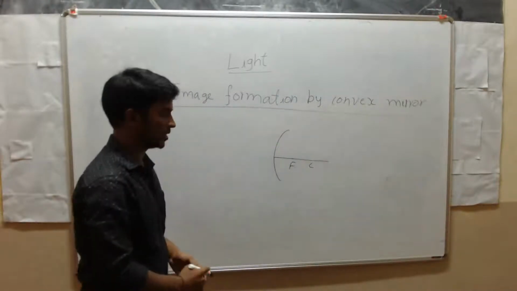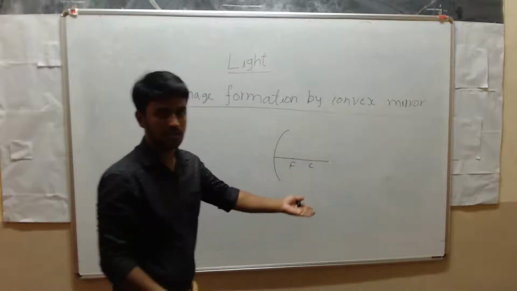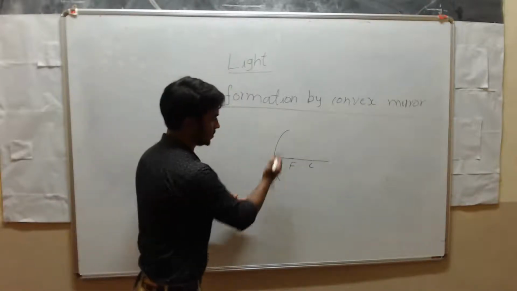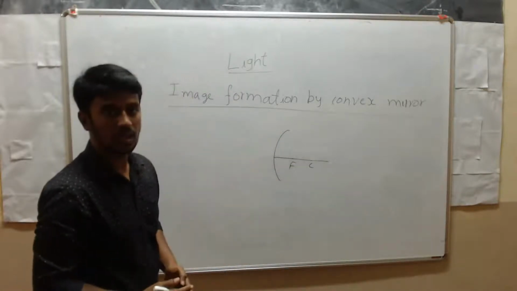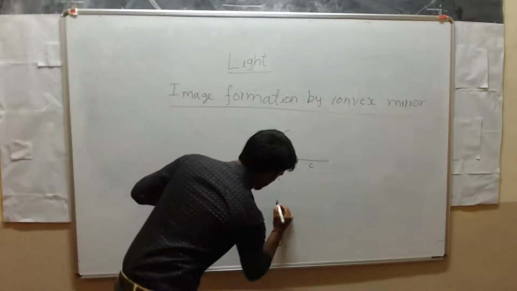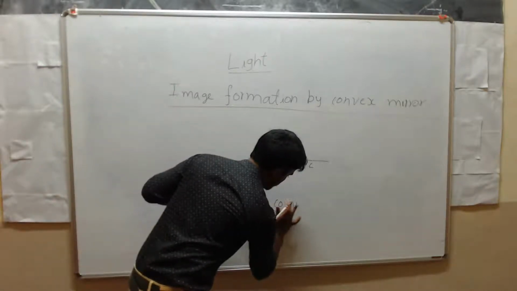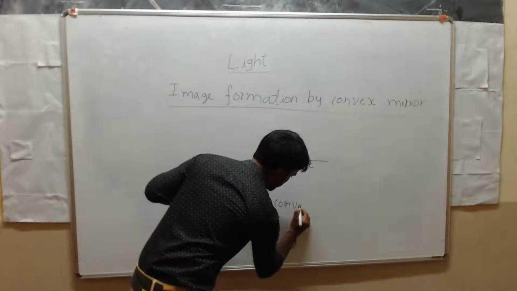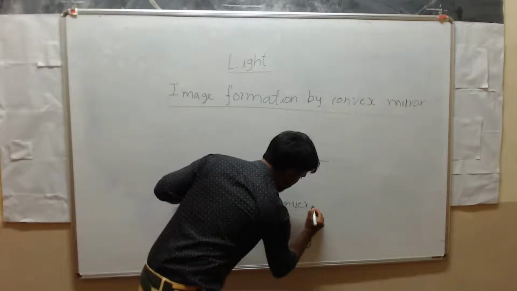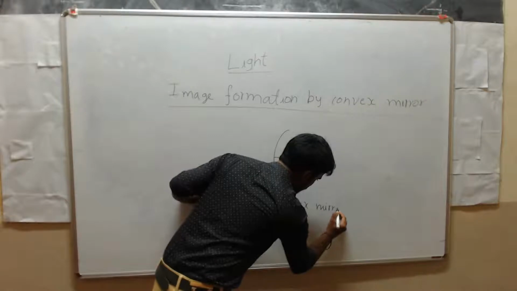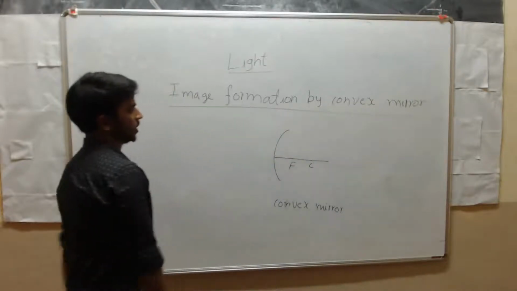If the reflecting surface is curved inwards, then we call it a concave mirror. If the reflecting surface is curved outwards, then we call it a convex mirror.